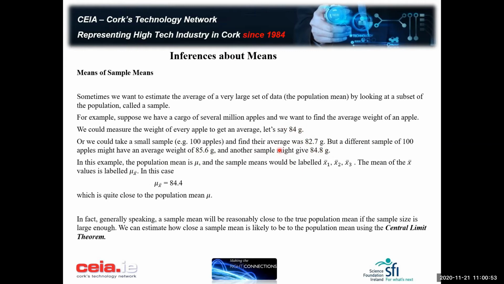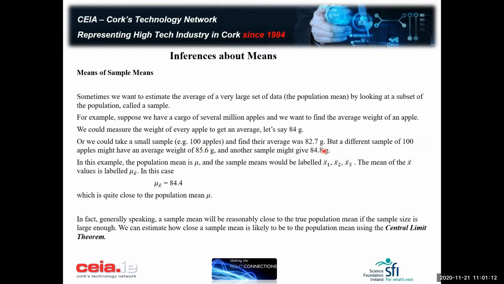So what you're doing then is each of these samples has its own mean. So this is one of those which we could call x1 bar. This other sample has its own mean x2 bar, and this third sample has a mean x3 bar.